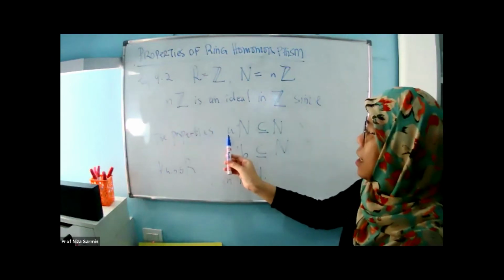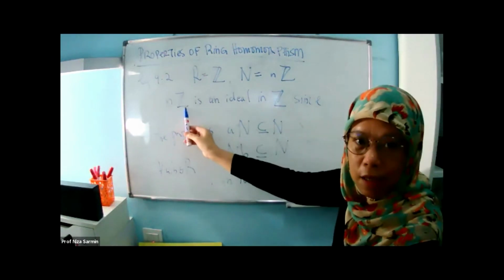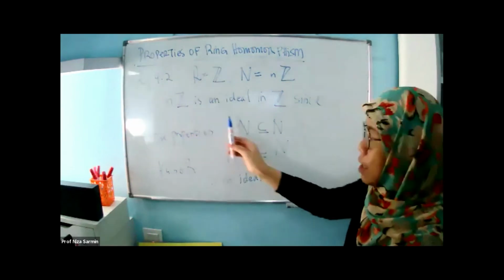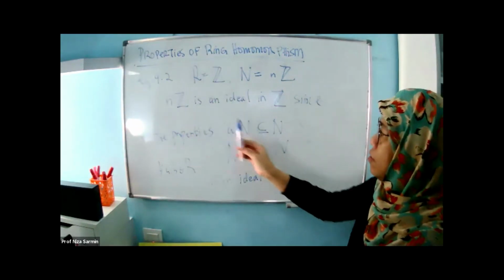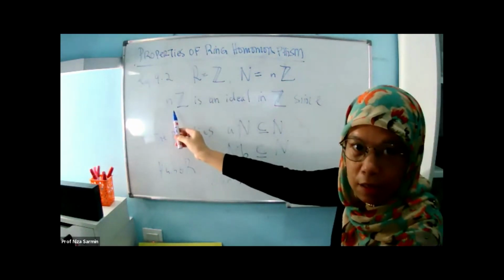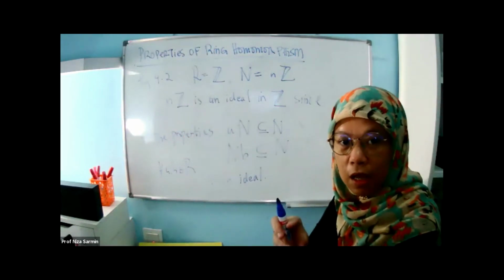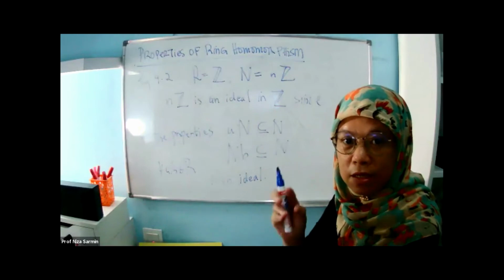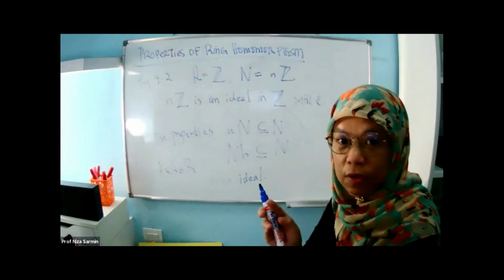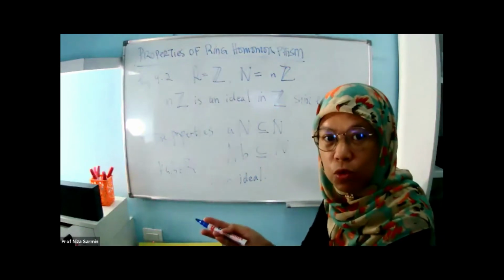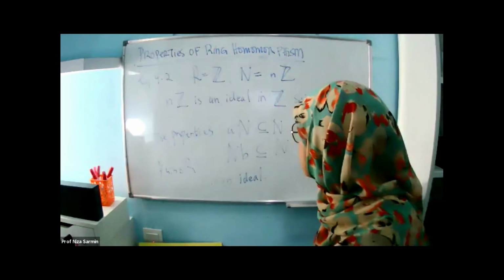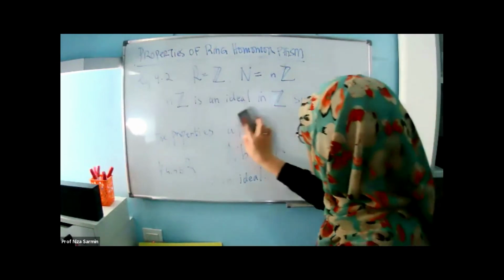You take A times nZ and you have to show that it is a subset of nZ. You do it twice, once on the left, but integers are commutative, so AN and NA would be similar.